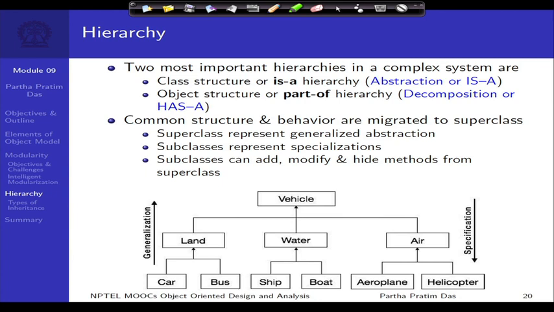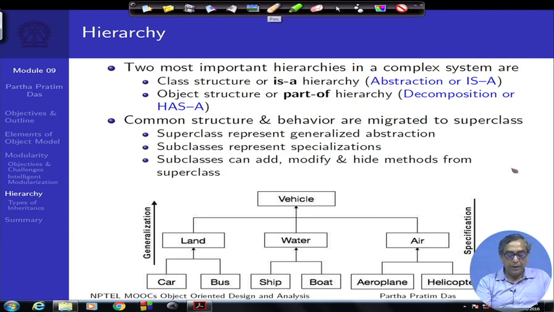The class structure hierarchy shows how common properties are shared from one layer to the next, and the object structure shows a hierarchy of containment, how one object can be thought of as composed of different component objects, which in turn can be thought of in terms of subcomponents and so on. In this context the common structure and behavior are migrated to what is known as a superclass.